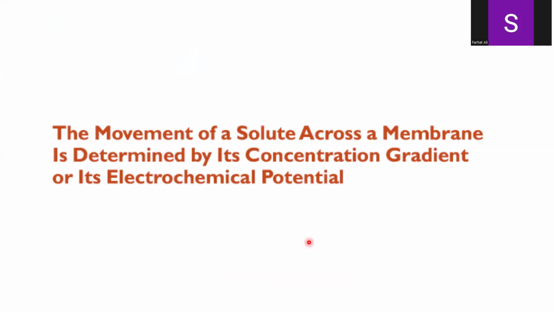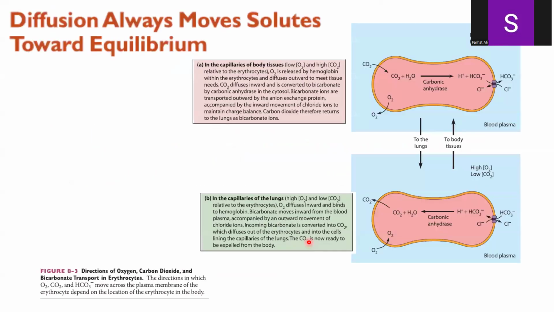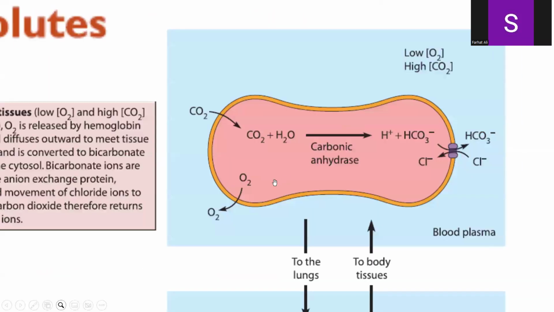So substances will migrate from a region of high to a low concentration by simple diffusion. So diffusion would move the solutes towards an equilibrium, in which molecules migrate from a region of high concentration to a region of low concentration.